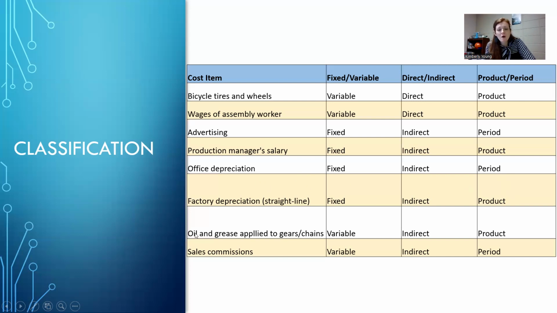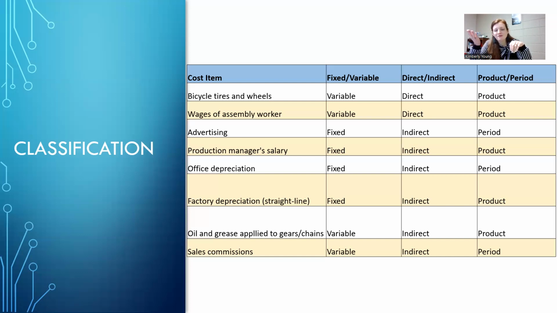How about oil and grease that you apply to the gears and the chains? That's variable. It depends on how many bicycles I'm making as to how much oil and grease I'm going to use. It's indirect because this guy over here puts way more grease on than this girl over here. So even though we both are using 2 tires on each bicycle, she's using an extra teaspoon or 2 of grease.